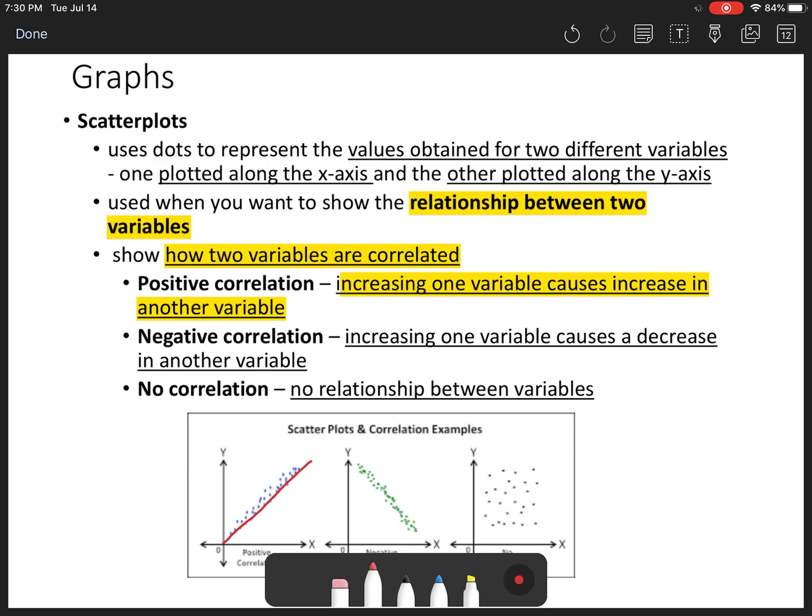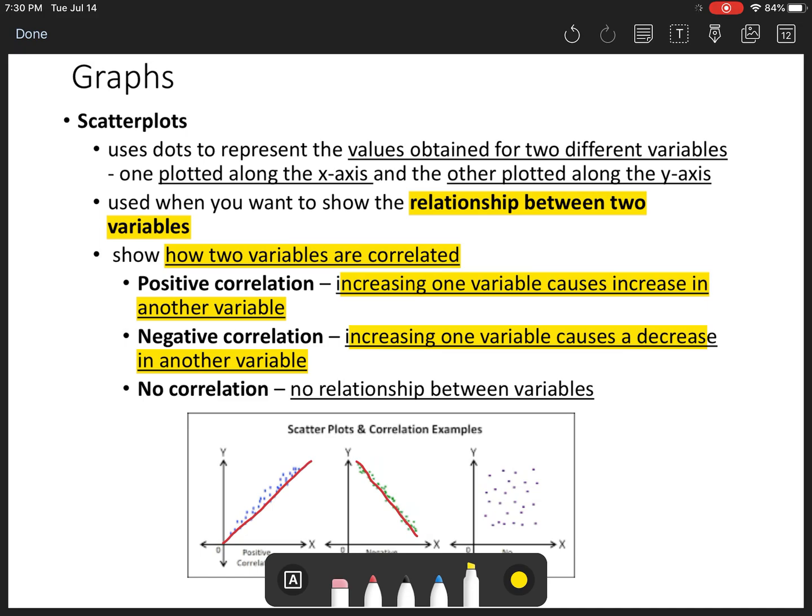Now, if it's a negative correlation, now you're going to see them all clustered, but it's going to be more dropping down to the right. That's a negative correlation. That's where when you increase one variable, it's going to cause a decrease in another variable, okay? So as you're increasing one, it's decreasing the other.